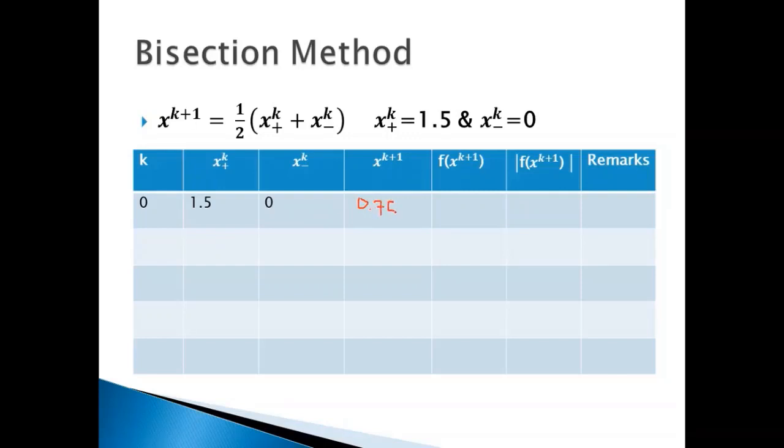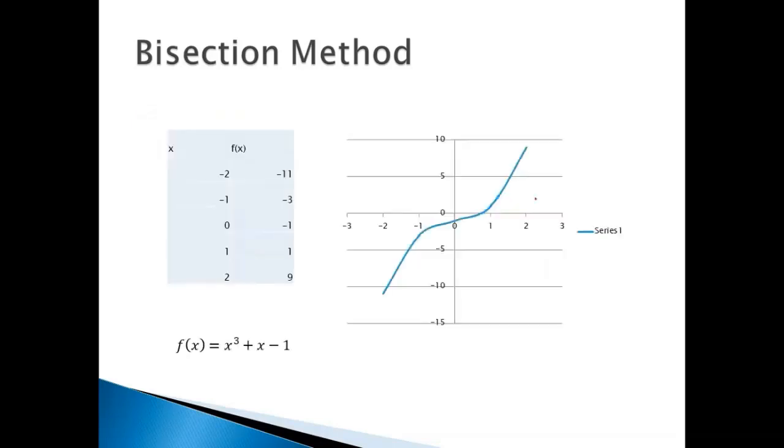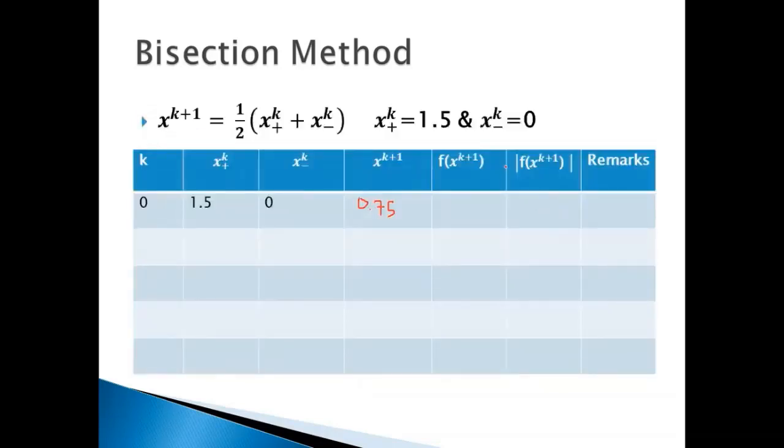Tapos, this value, xk plus 1, kay i-substitute ko sa function. Again, we recall that our function is x cubed plus x minus 1, so 0.75 cubed plus 0.75 minus 1. Still, 6 decimal places rounded off, so this is 0.171875.